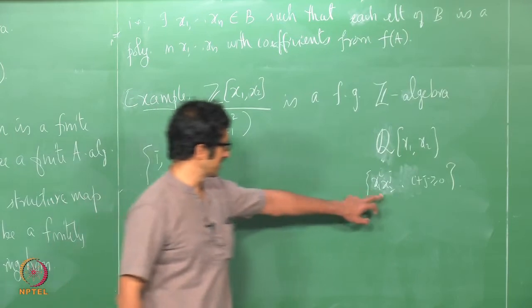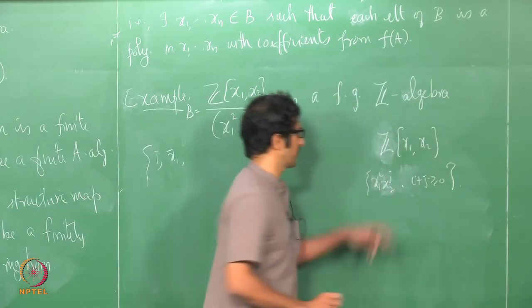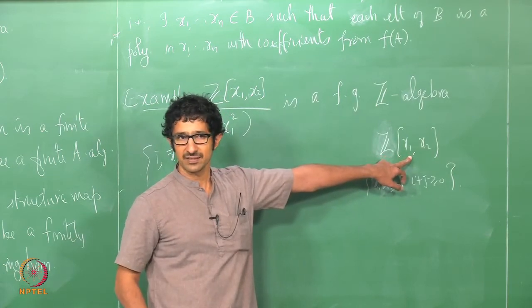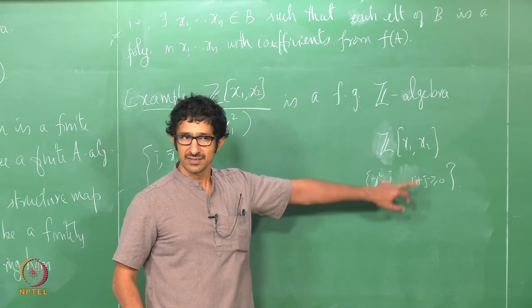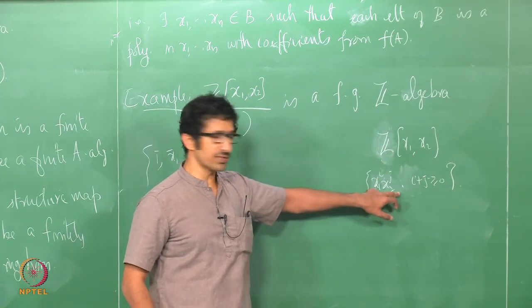This is a basis. Now can you give me a Z module generating set, a minimal generating set? This will work, right. This will again be a Z module generating set.